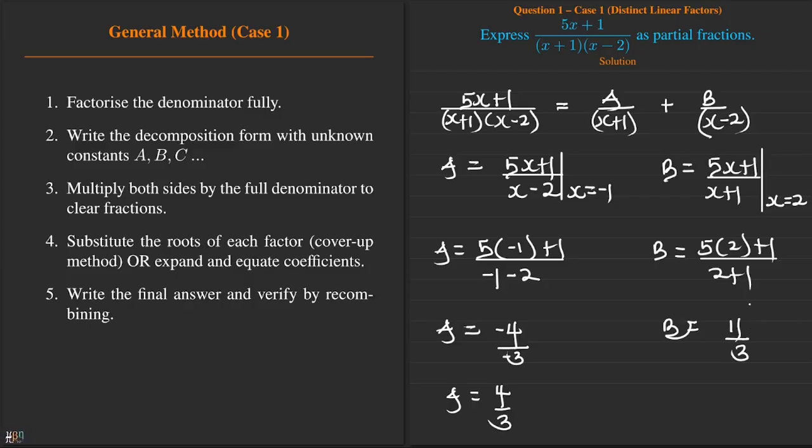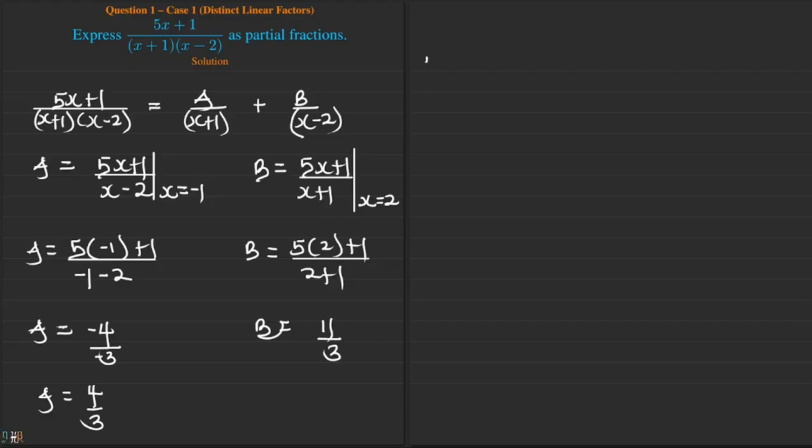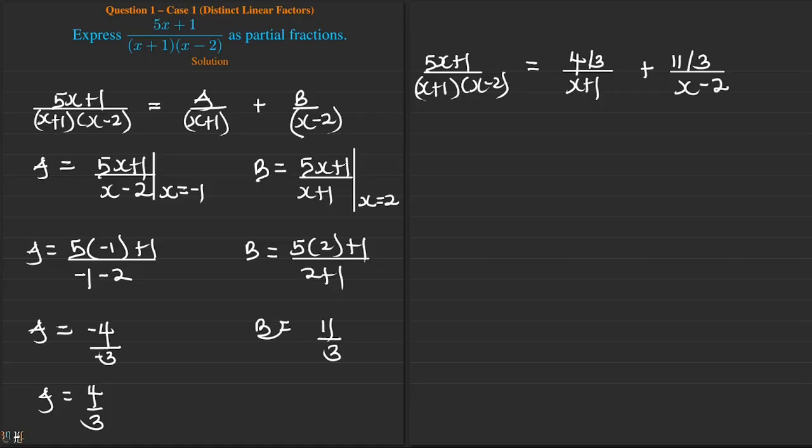So if we are to rewrite our fraction in terms of partial fractions, then it simply means that our (5x + 1) over (x + 1)(x - 2) is equal to 4 over 3, that is the a. A was 4 over 3, so over x + 1, and then plus 11 over 3 over x - 2.